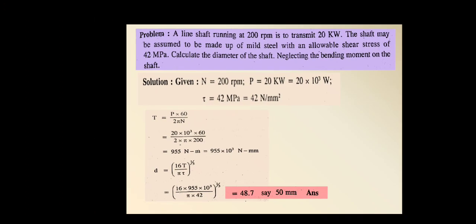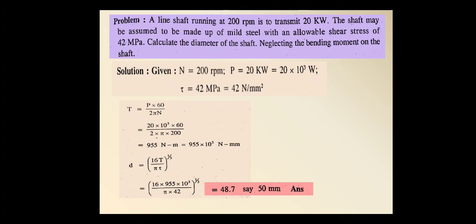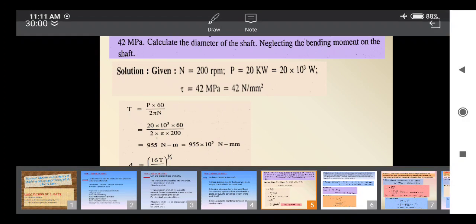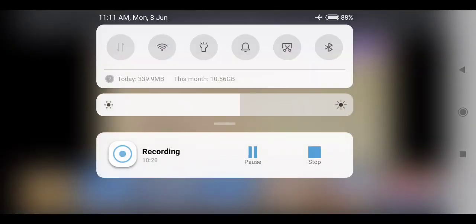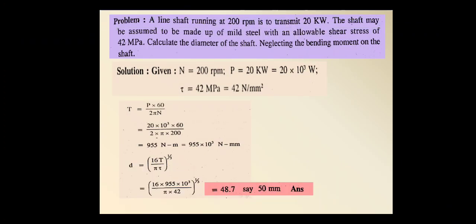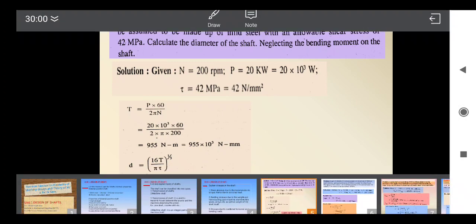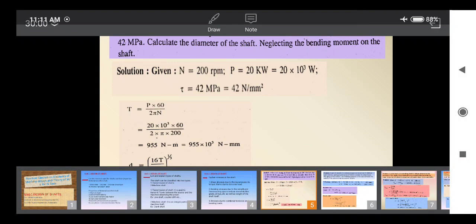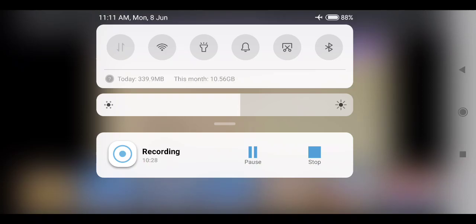This type of problem he may ask for 10 marks. So this is problem number 1. You have to remember these formulas, the power P formula as well as diameter D. These two are important.